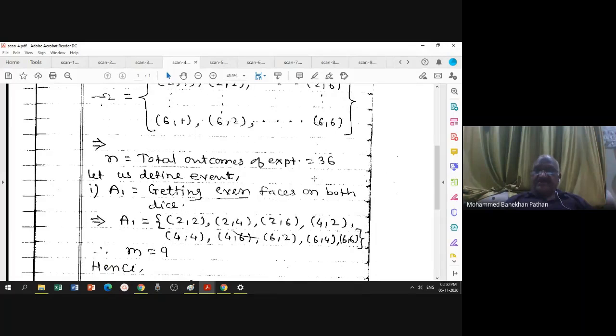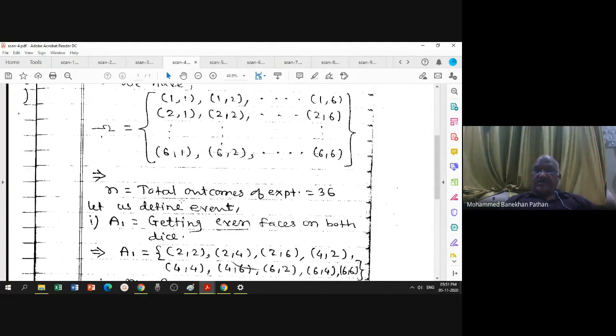After having this, we define the event. Event number 1. I told in chapter number 1, events are denoted by any capital letter. Suppose I take A1. I define the event getting even faces on both dice. So from this omega, I pick up those elements that satisfy the condition of the event.